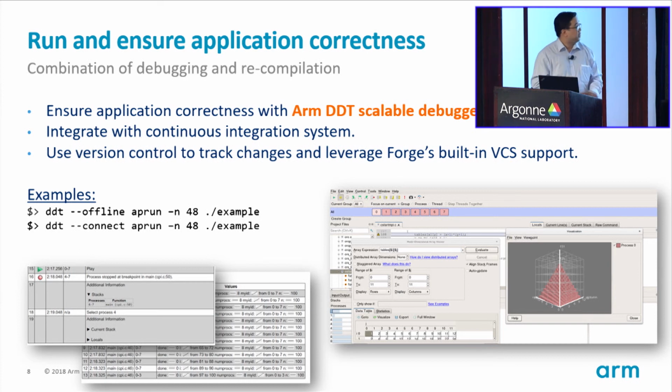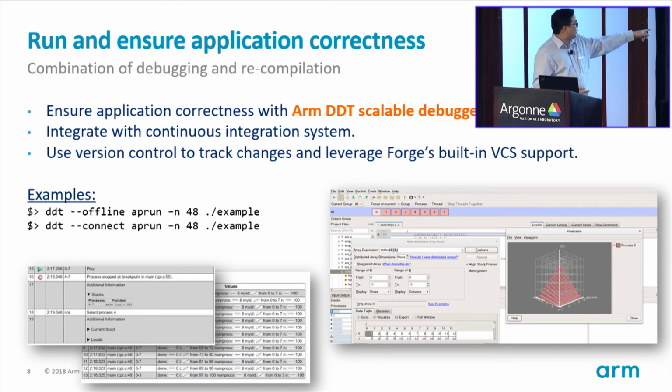Essentially, you just take your command, for instance, on Theta, you would use aprun, the number of ranks and the executable, and just stick DDT --offline in front of it. This will be something you would put in your submission script, where you would just prepend DDT --offline. And when it actually runs, it'll generate this nice, beautiful HTML output.